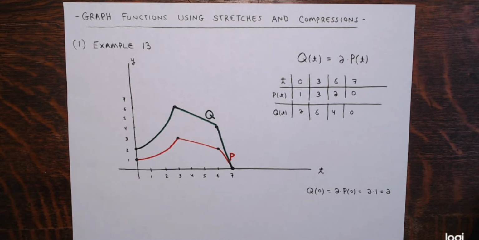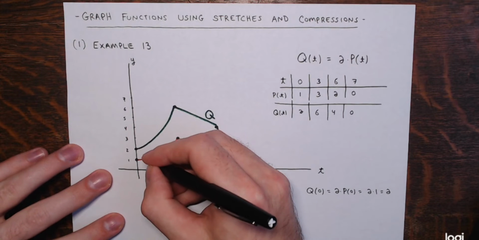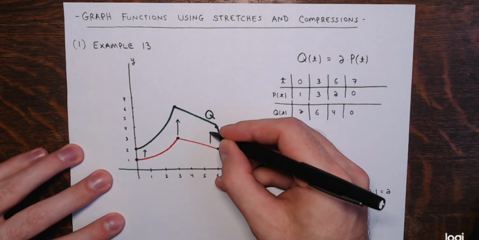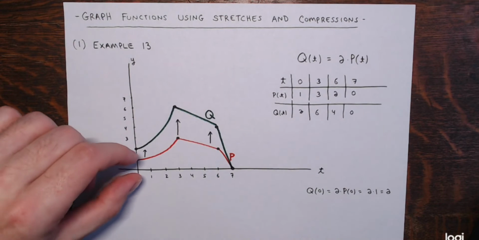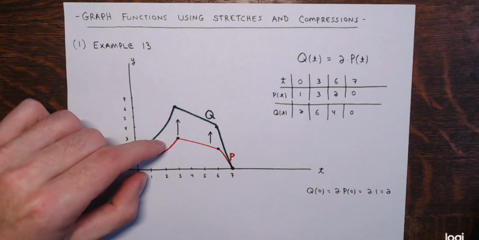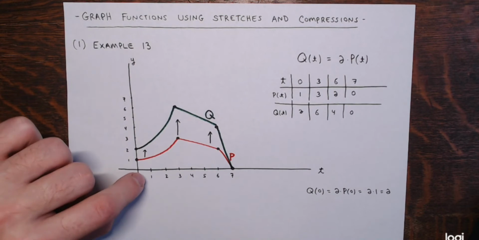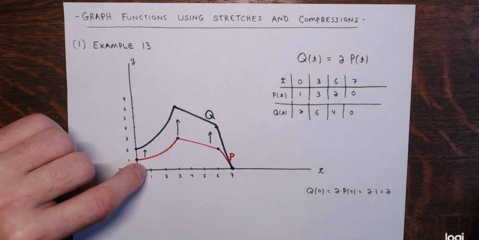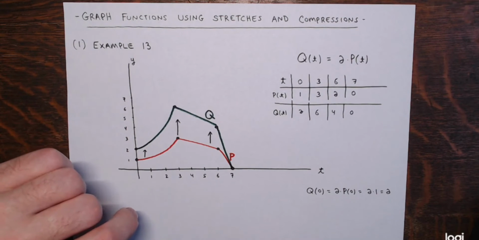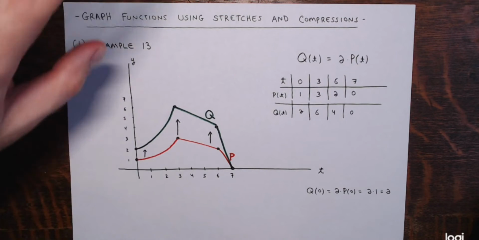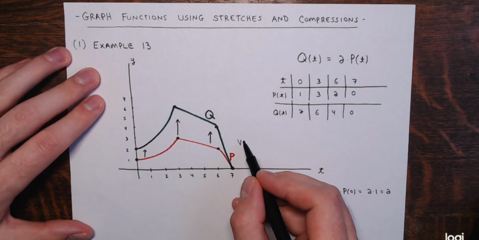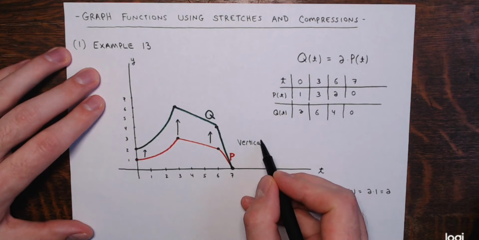And we would call this a vertical stretch, because if you look at this, all the points on the red graph, their distance from the horizontal axis, their distance from the t-axis, gets doubled. It gets stretched away, pushed away from the horizontal axis. So this would be a vertical stretch.